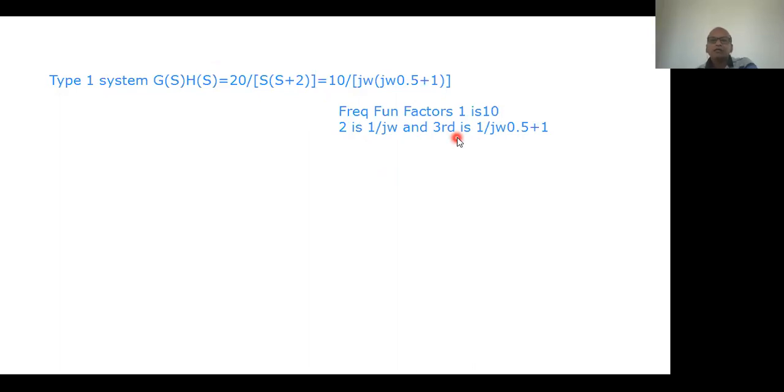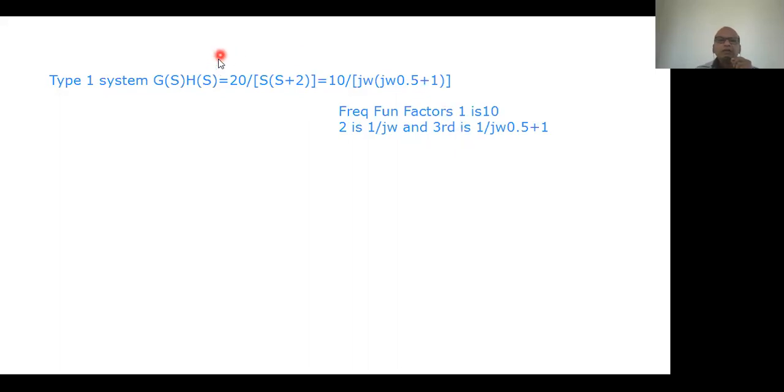That is, 10, 1 upon j omega, and then 1 upon j omega 0.5 plus 1. Or second, 10 divided by j omega as the first frequency function factor, and 1 upon j omega 0.5 plus 1 as the second. If you draw by either way, we get the same magnitude plot.